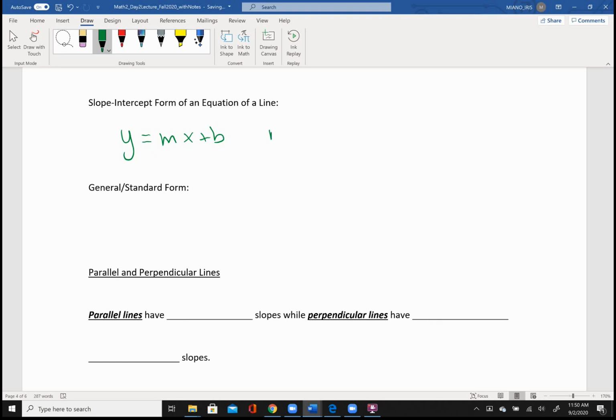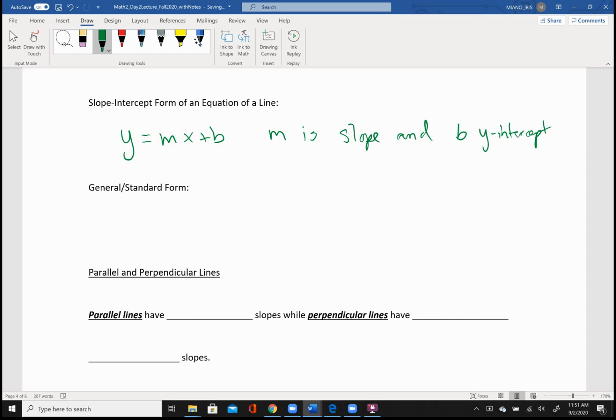M, of course, is still slope. Let me erase that. Slope. And b is the y-intercept. Technically, it's the y-value of your y-intercept. If you want the y-intercept as an ordered pair, it would be 0, comma b.